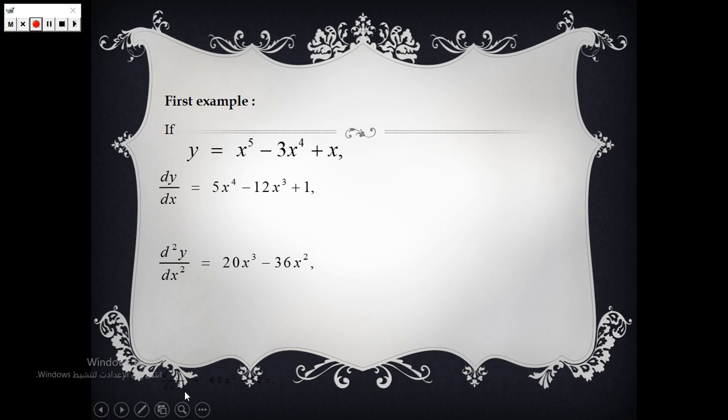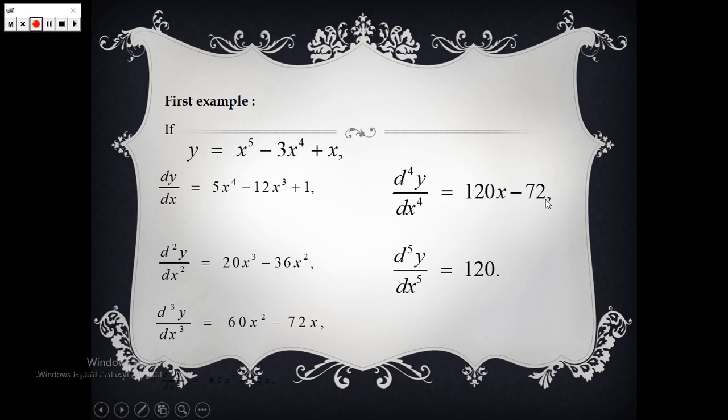d3y over dx3 equal 60x power 2 minus 72x. d4y over dx power 4: 60 times 2 equals 120x minus 72.